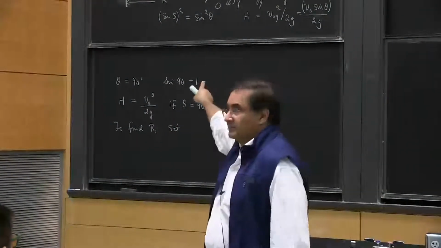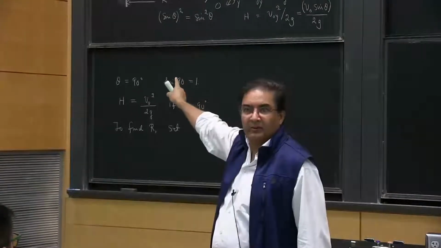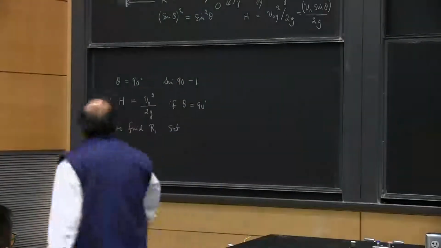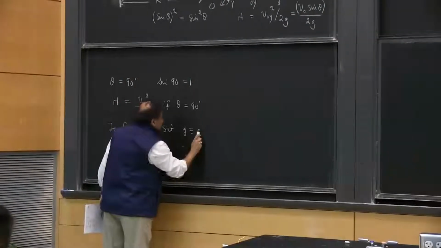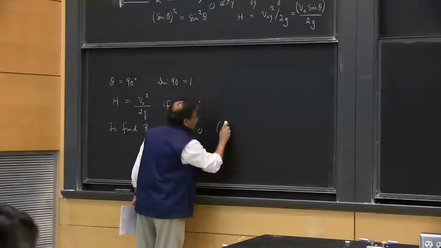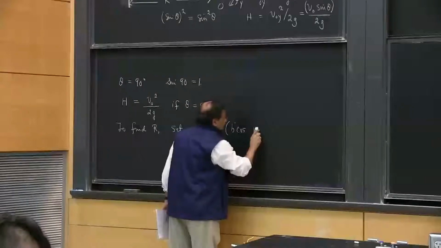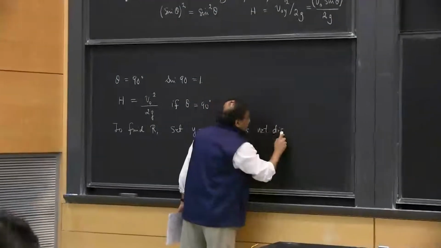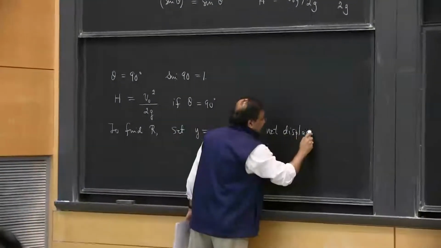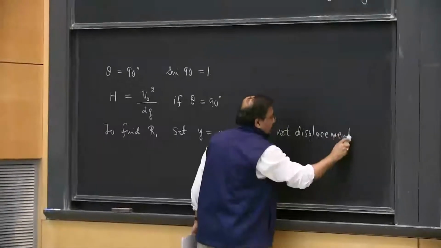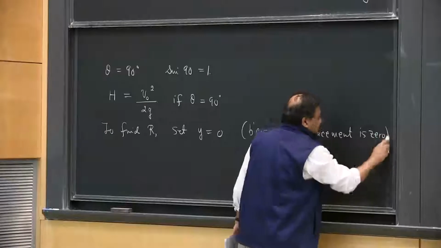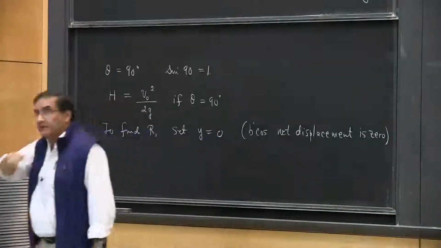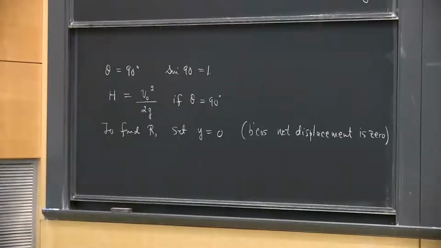Look at the picture. Y equal to 0, because the net displacement is 0. In spite of the fact that it travels the whole path, the net displacement is 0, because it goes and comes back to the very same point, ultimately. So the net displacement is 0.